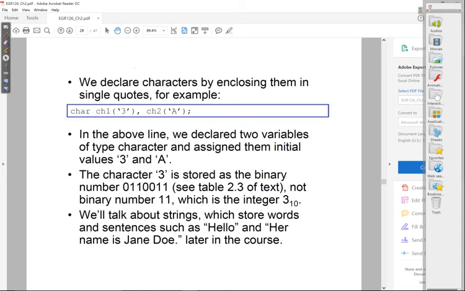Now, how does the character 3 get stored in your computer? You know how the number 3 gets stored in your computer's memory. It's stored as 1, 1. That's binary for 3. But the symbol 3 is not stored as 1, 1.